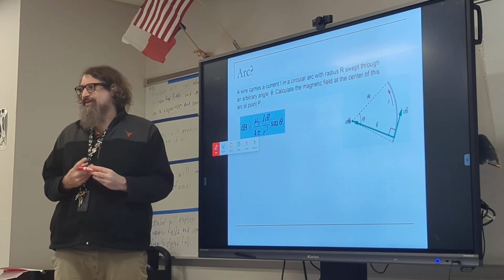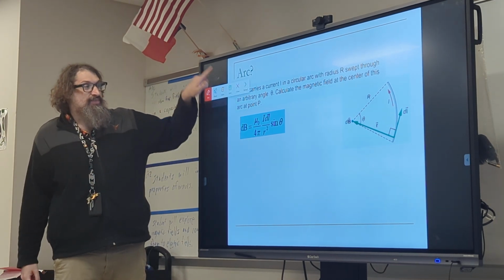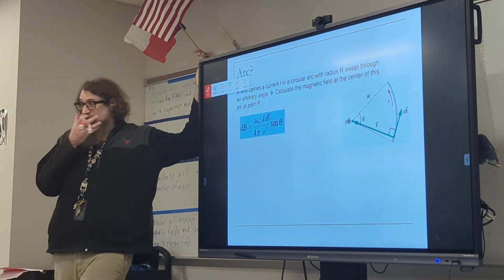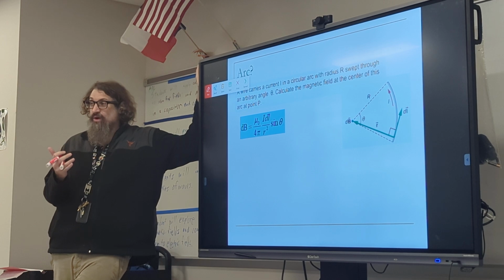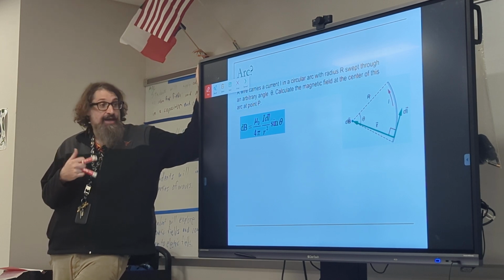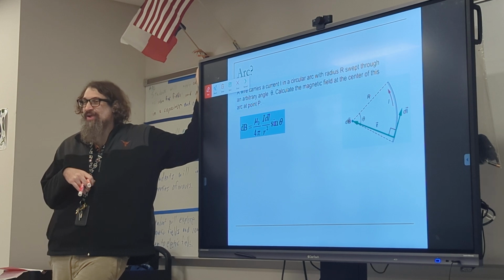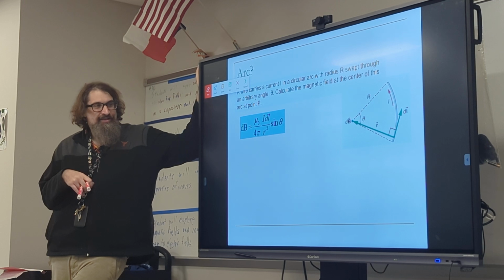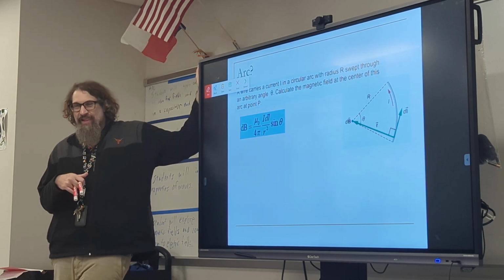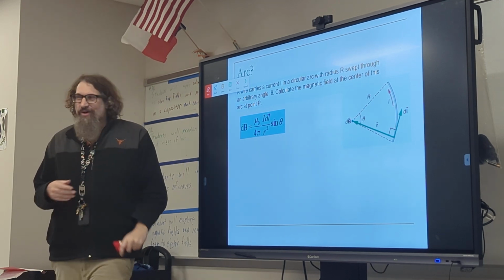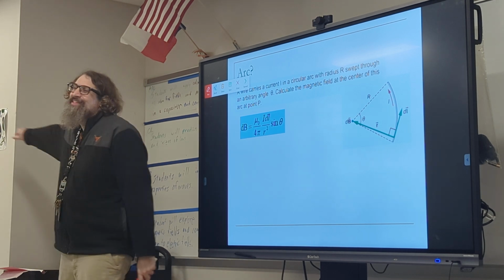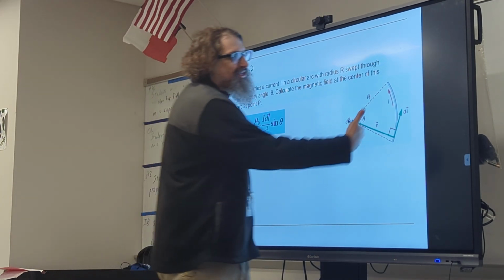I did kind of miss something for you guys real quick. This tells us the value. How do I figure out what direction the magnetic field is at point P? Okay, so the current is going this way.